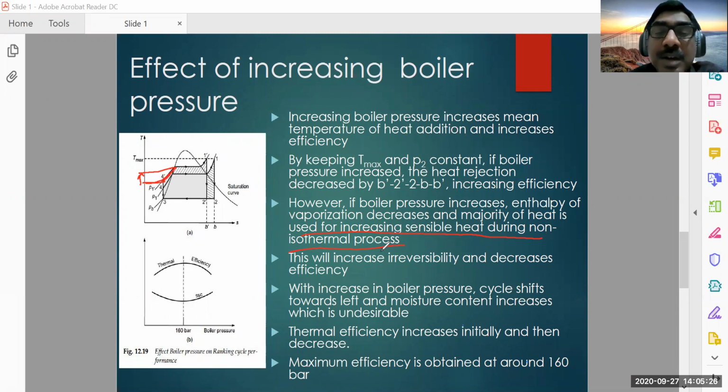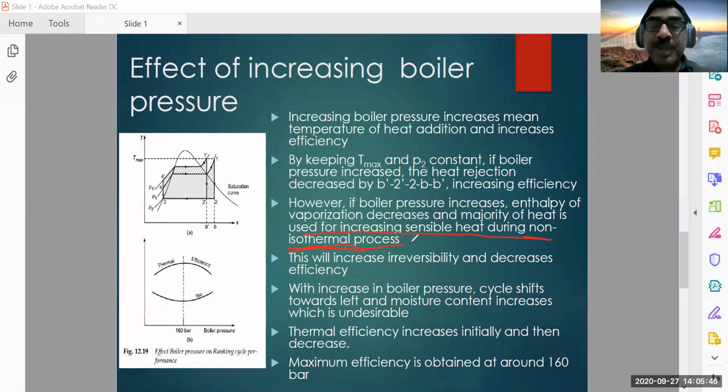So it is a non-isothermal process, and that will increase the irreversibility. If the heat is added during a non-isothermal process, more irreversibility or more loss will be there.